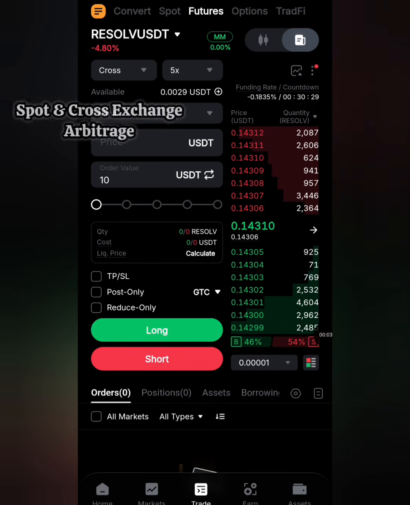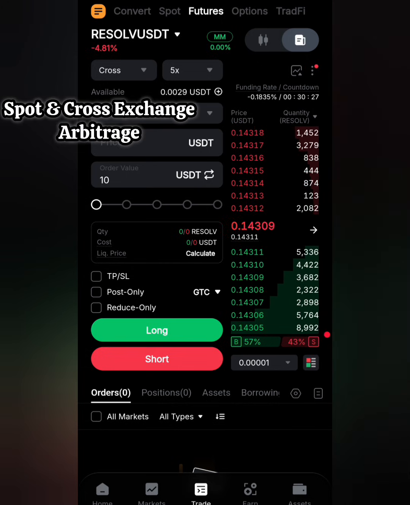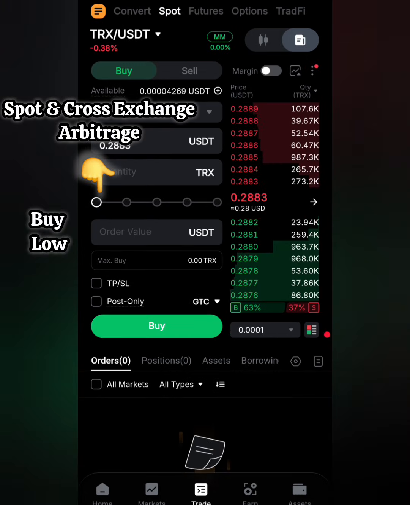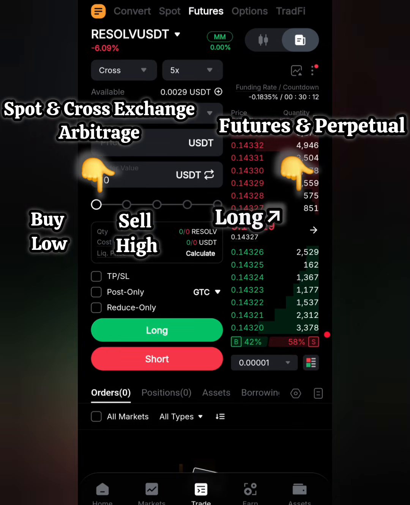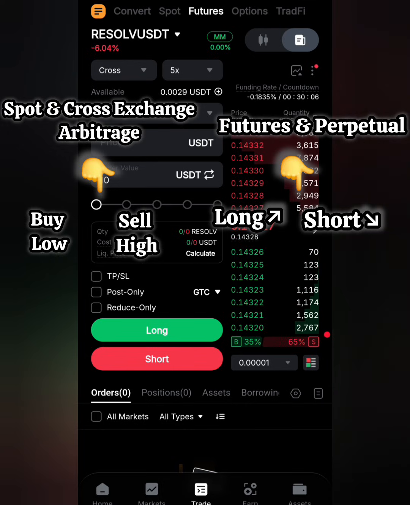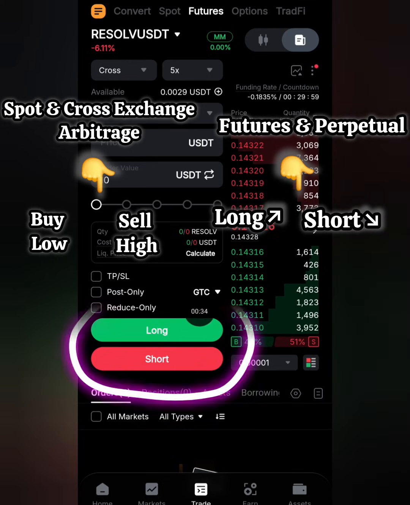All right. Now, unlike the spot or cross exchange arbitrage, where you have to actually buy low on one exchange and actually sell higher on the other exchange quickly, the futures and perpetual arbitrage has to do with you actually longing on one market and actually shorting on another market. Okay, on spot market you are buying and you're selling, meanwhile in the futures you're either going long or you're going short.